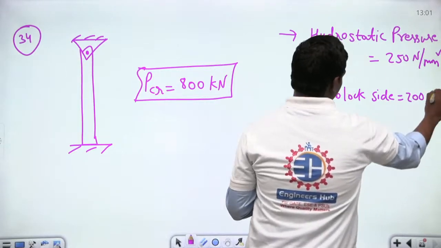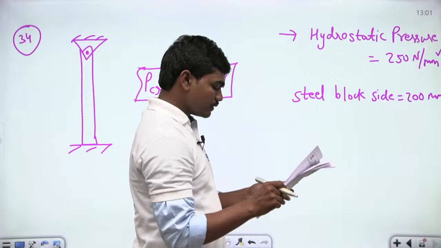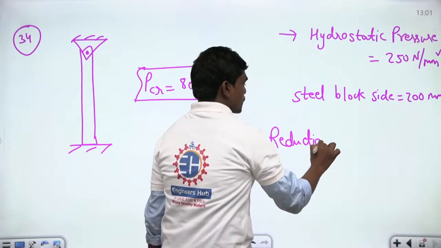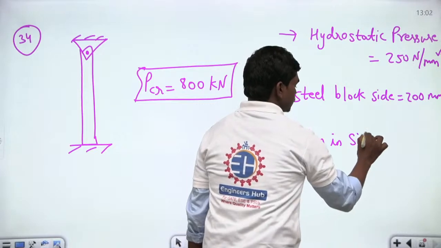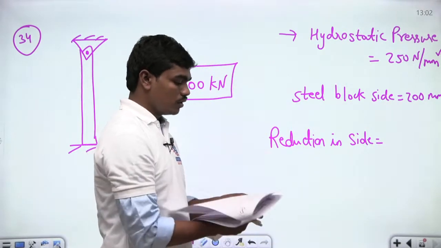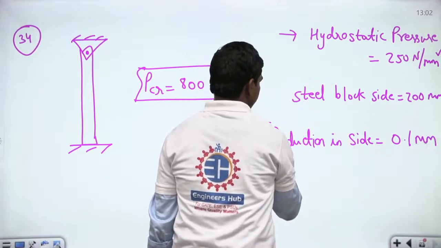So we know this bulk modulus is nothing but volumetric strain divided by the actual volume. So if you perform all these calculations, then the reduction inside we will be getting as 0.1 mm in this case.